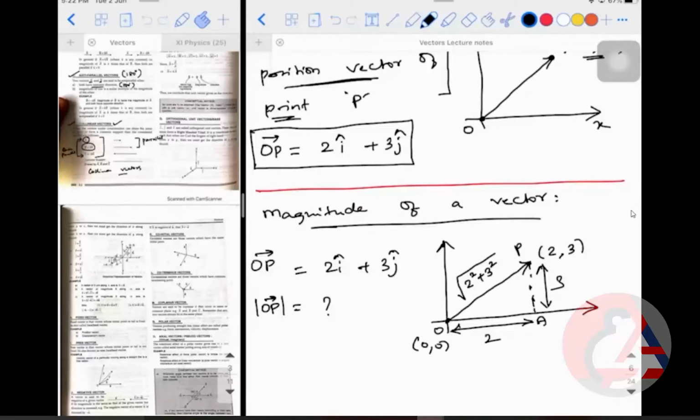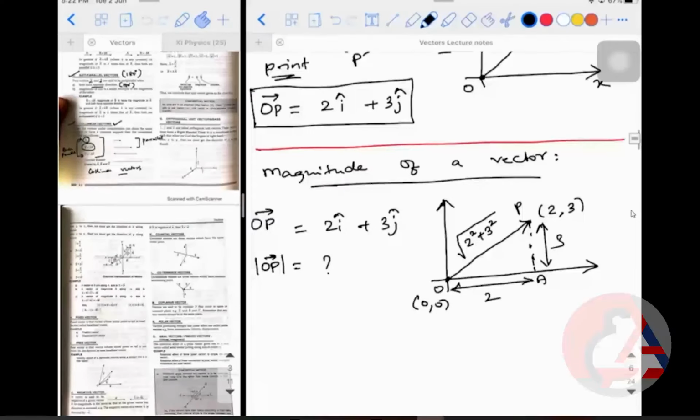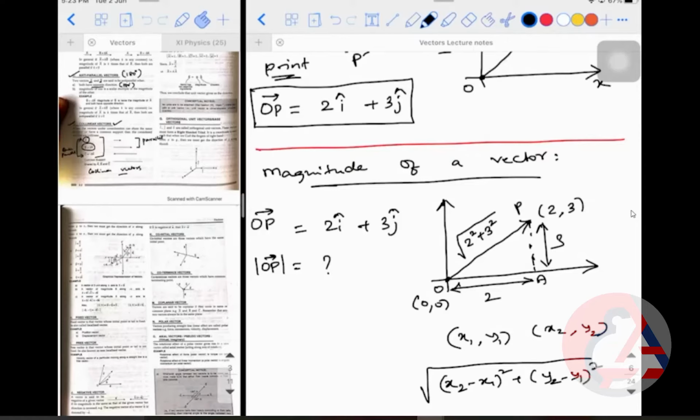Do you remember the distance formula? If there are 2 points (x1, y1) and (x2, y2), the distance between them is root of (x2 minus x1) the whole square plus (y2 minus y1) the whole square.